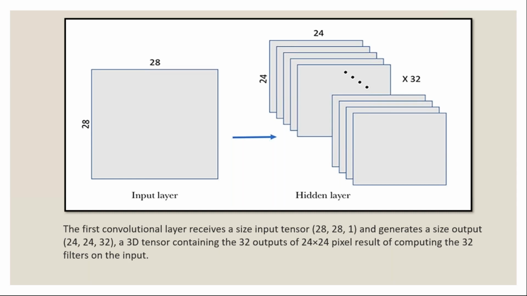So I'm going to apply 32 filters to the same 28 cross 28 image. It will generate an output of 24 cross 24 for 32 filters. You understand here? Not a single filter. The final output of the convolution layer is 24 into 24 for 32 filters, right? So that is the answer.